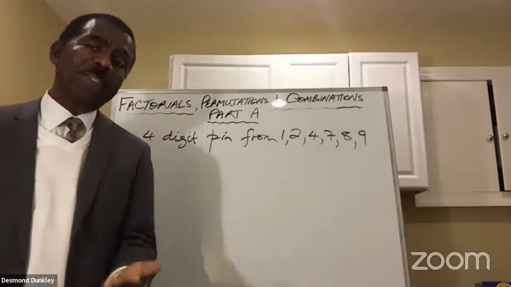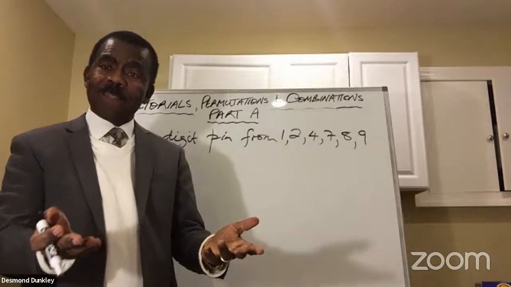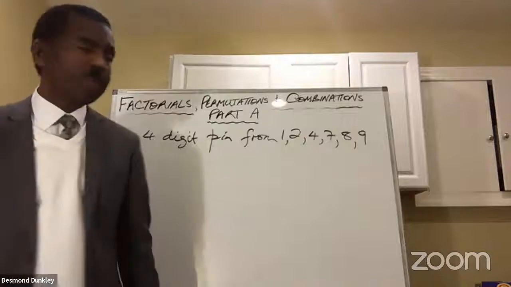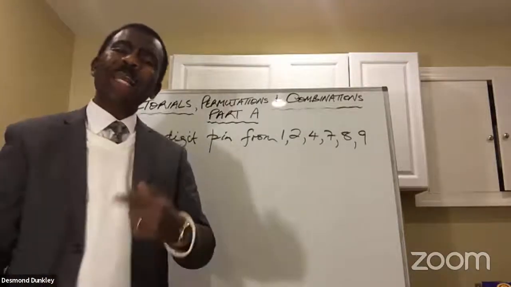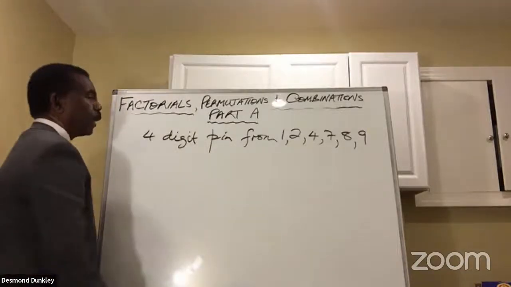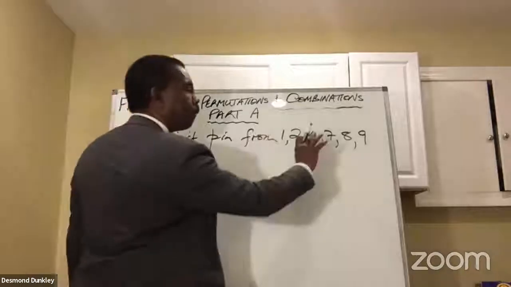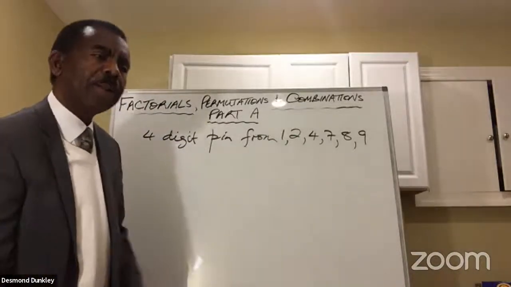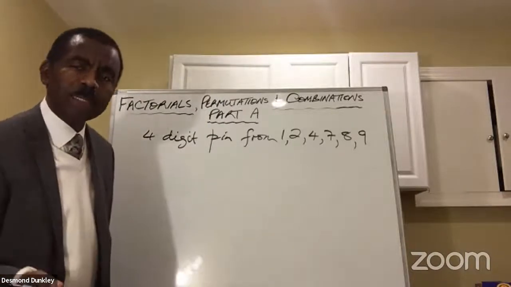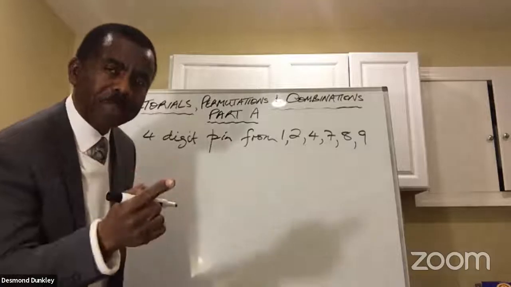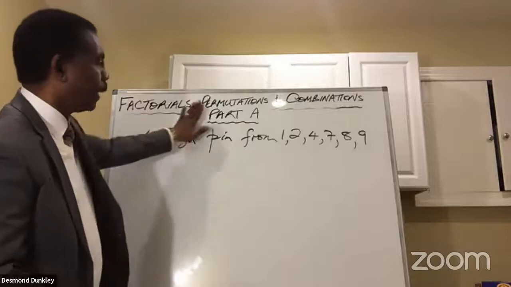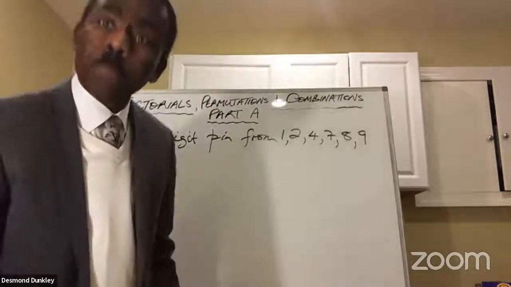Please understand that if it's a PIN number, then the order matters. Now, suppose you were told that you cannot repeat. Then what you're looking for is how to select 4 from this in such a manner that the order is important. Again, the way that we'll note it is 6 items taken 4 at a time so that the order matters. And now I'm going to explain to you how permutation works.